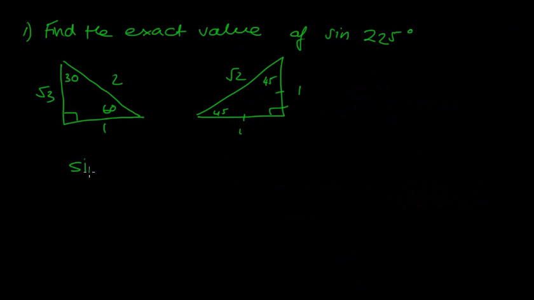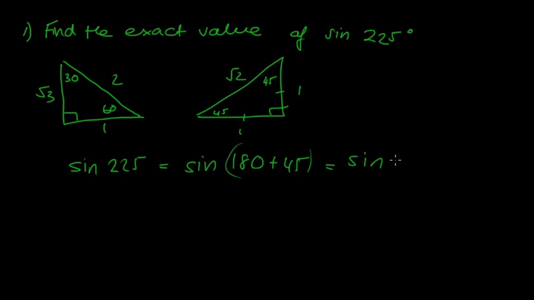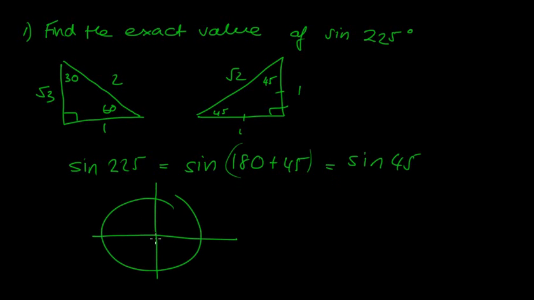So sine 225 is the same as doing sine of 180 plus 45 degrees, which we were also told was exactly the same as finding sine theta, which is sine 45, but in that third quadrant, because it's 225 degrees.